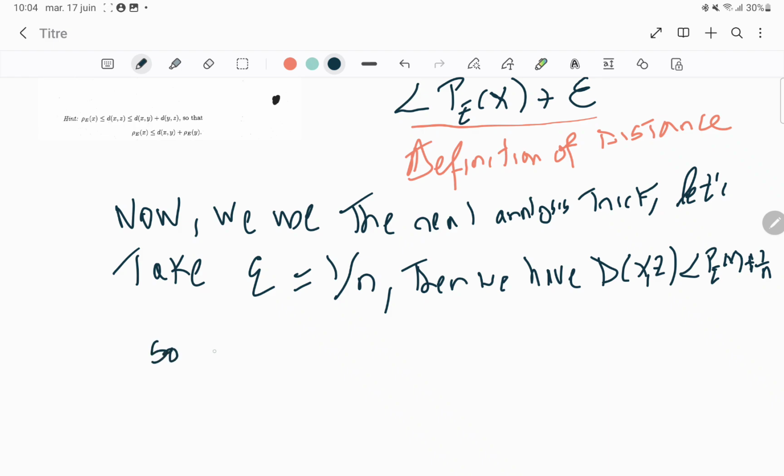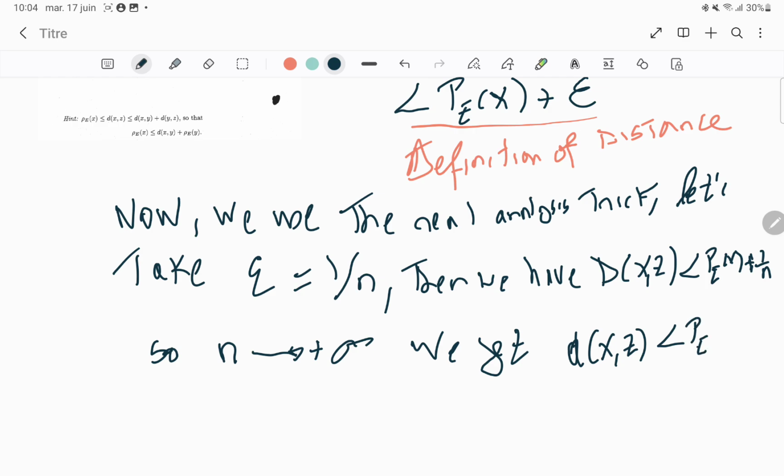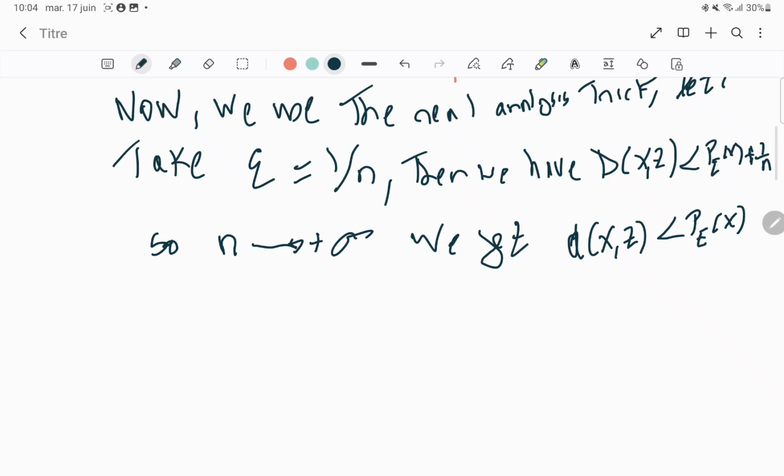So for n going to infinity, we get the distance d(x, z) smaller than or equal to ρ_E(x), right? Now we can solve the problem. Suppose that ρ_E(x) equals 0.